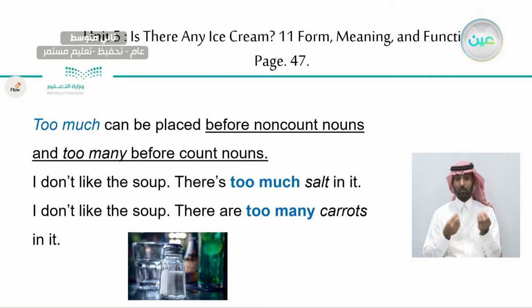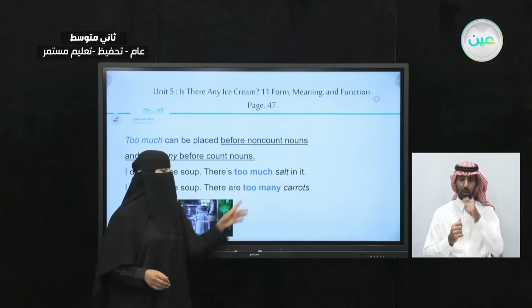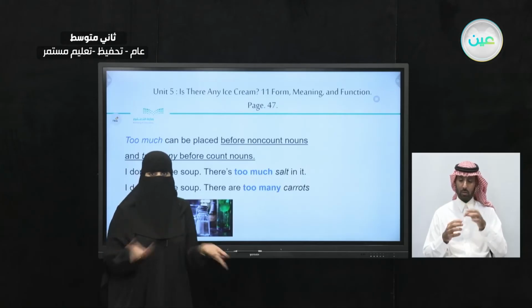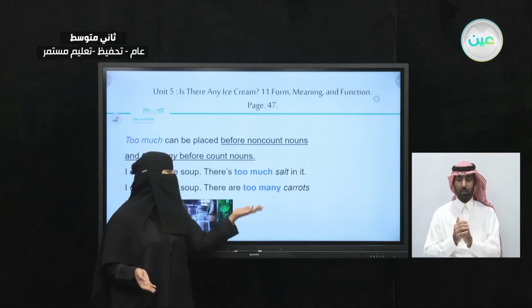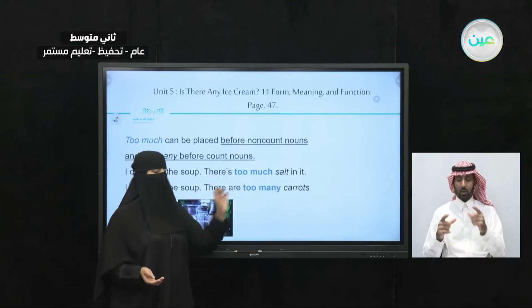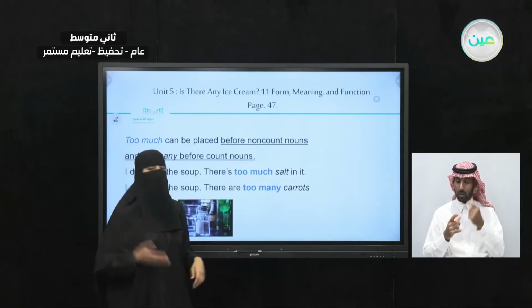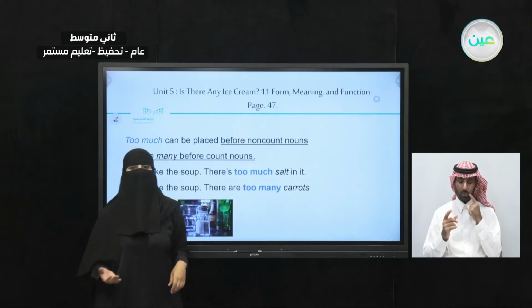There are too many carrots in it. So I know that carrots, it's a count noun. And salt, it's a non-count noun. Can you count the pieces of salt? You can't. It's a non-count. That's why we're using too much for non-count and too many for count nouns.